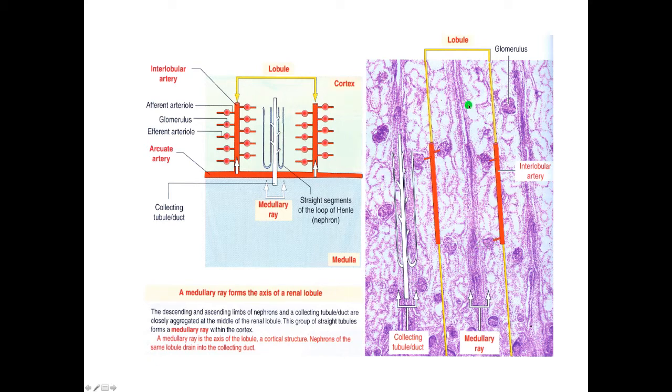And then here are the medullary rays. On the diagram here, the interlobular artery, the glomerular capillary beds, another interlobular artery, glomerular capillary beds, a medullary ray. And the artist has just shown here some straight portions of kidney tubules. So they've shown just straight portions of the nephron.